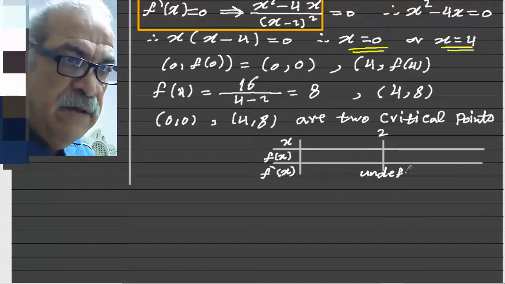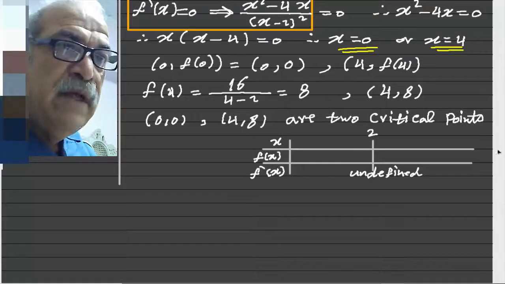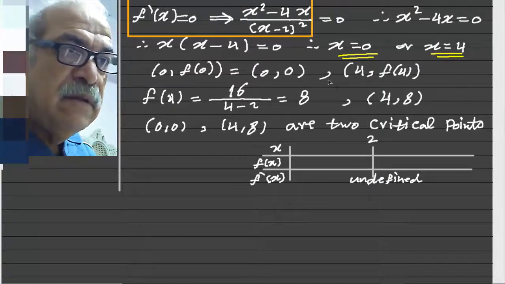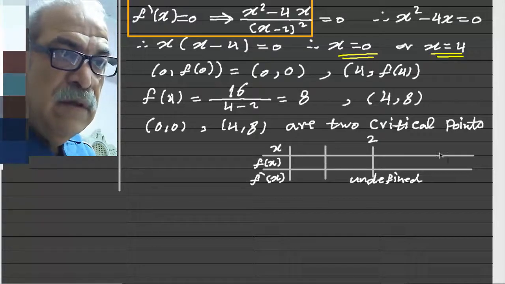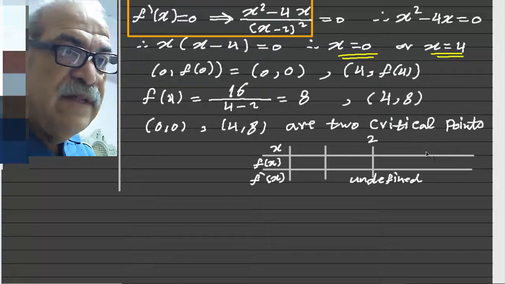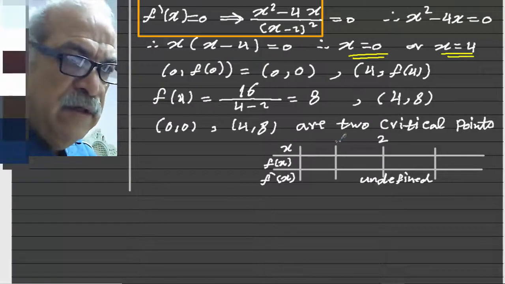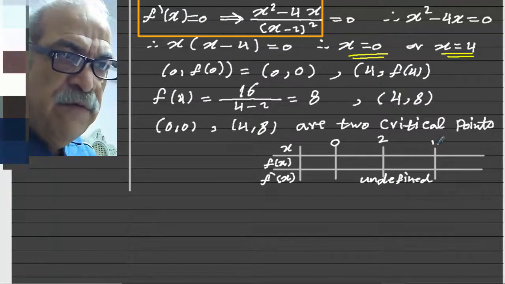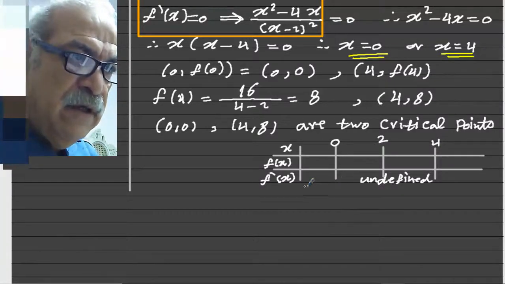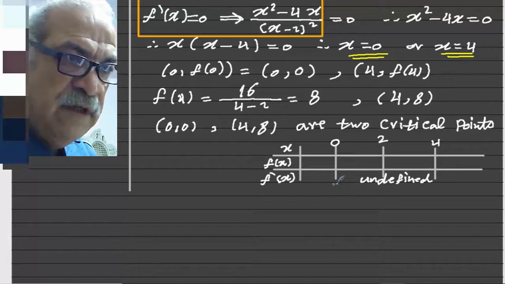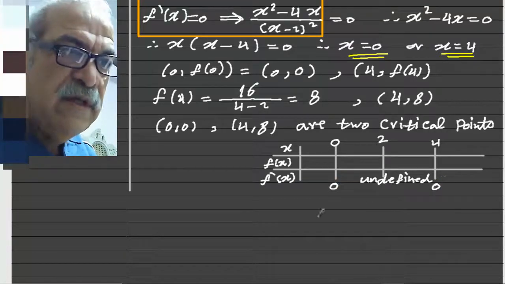And the f dash of x equals 0 when x equals 0 and x equals 4, and we write here 0 and 4. And we write f dash of x here equals 0, and also here equals 0.